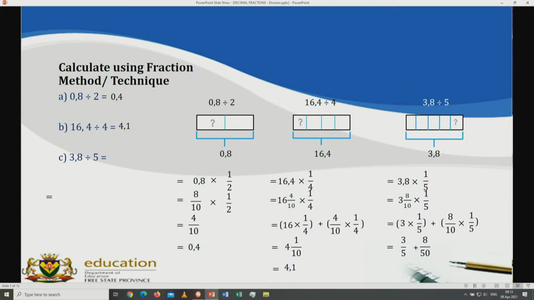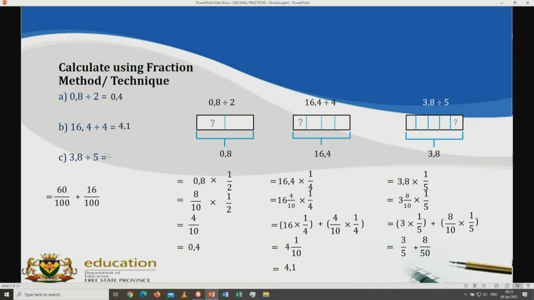Then we are going to say 3/5 is equal to 60 hundredths, because 5 into 100 goes how many times? 20, and then 20 multiplied by 3 is 60 hundredths. And then plus 16 hundredths, which is from 8/50: 50 into 100 goes how many times? 2 times, and then 2 by 8 gives you 16.